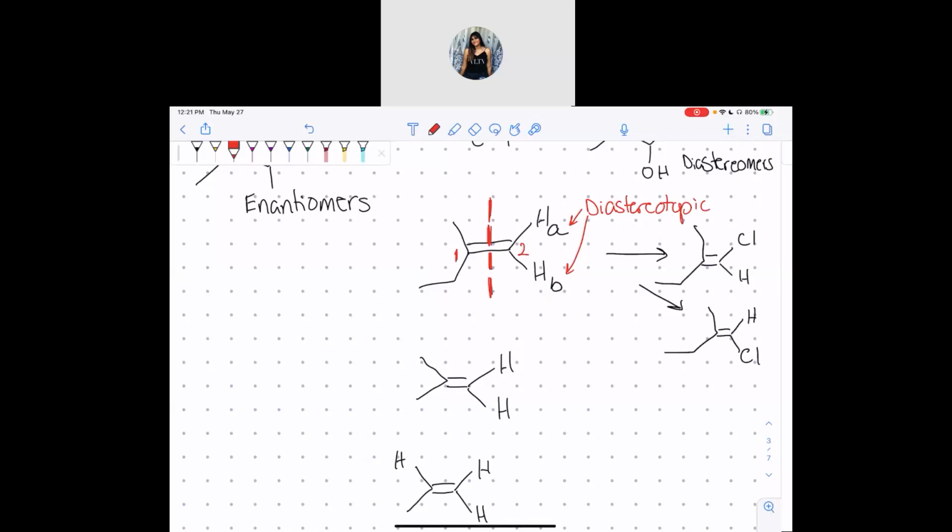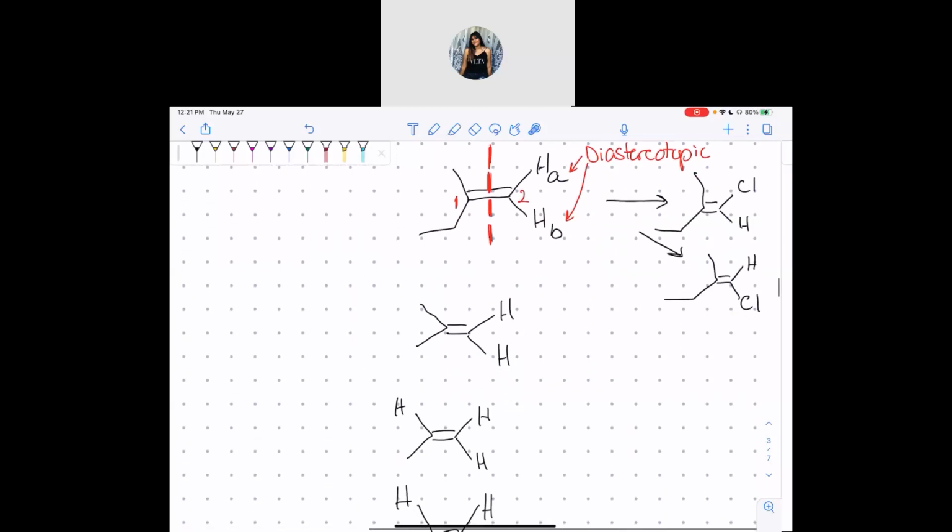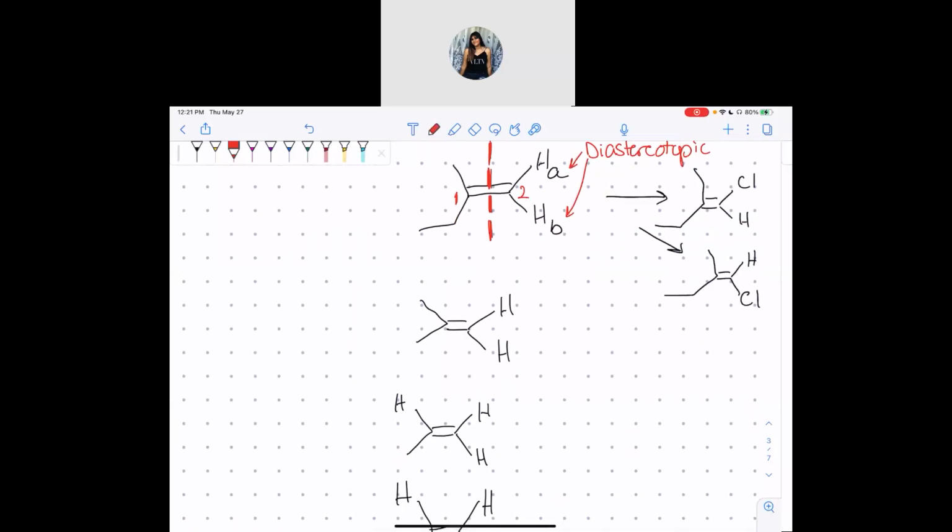So they will make cis and trans products, but the 2 hydrogens themselves are best categorized as being diastereotopic. Someone had asked me what step 2 was, and we're going to do it again now in the second one. So the first thing we do is cut it in half, right? Next, what do we do?